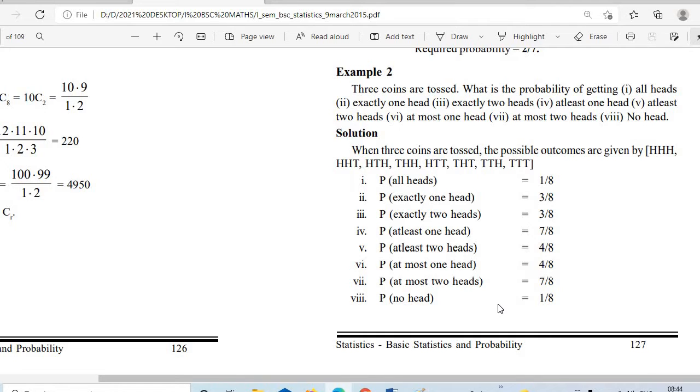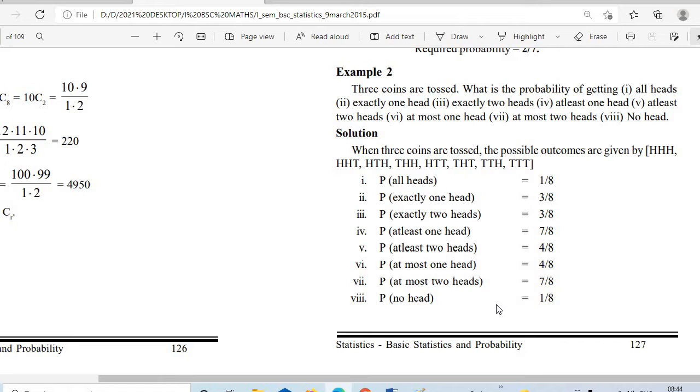So several questions are there. So what is the sample space? Sample space is HHH, HHT, HTH, THH, HTT, THT, TTH and TTT.